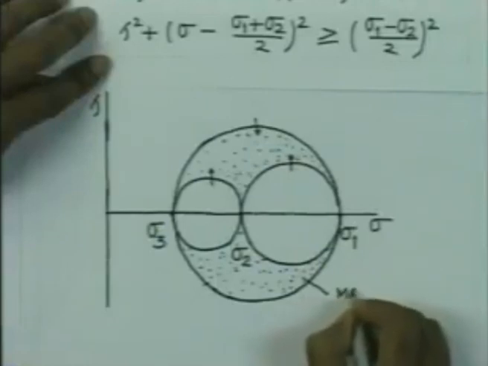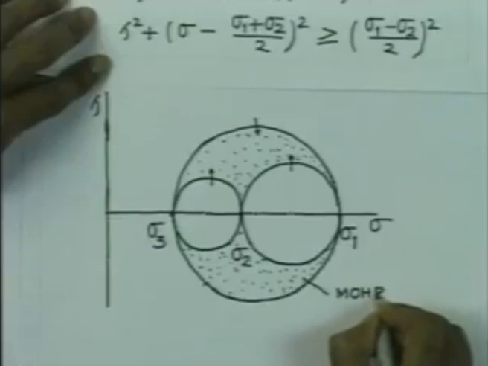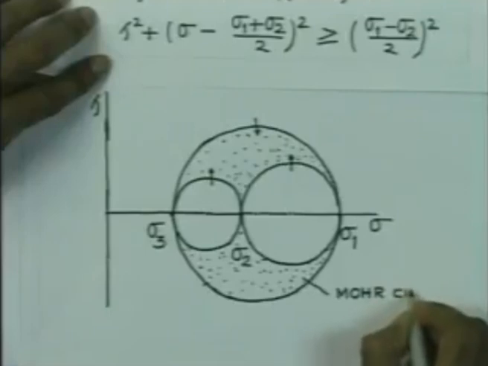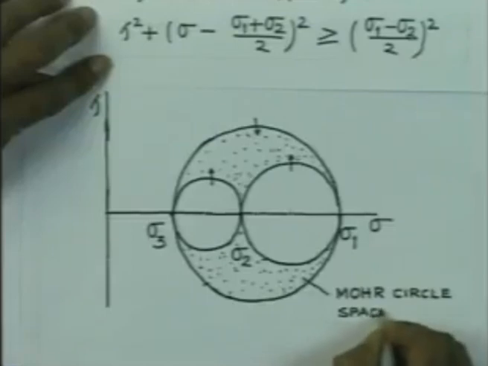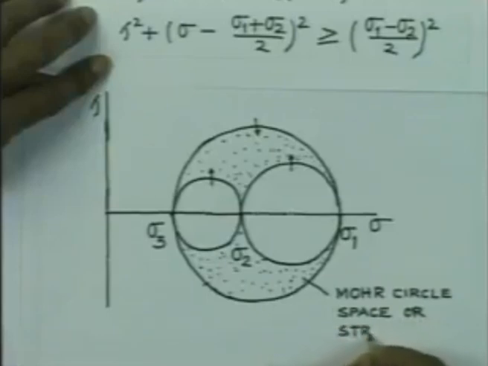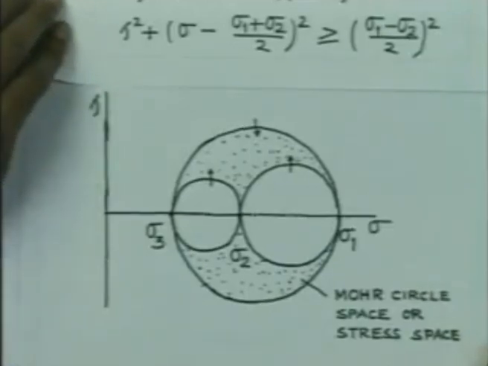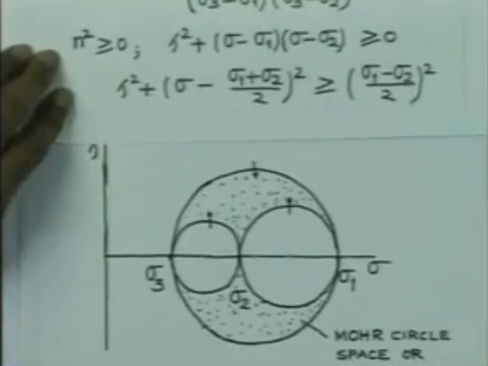So, this is the Mohr circle space in 3 dimensions, or stress space. So, you should be now in a position to draw the Mohr circle in 3 dimensions.